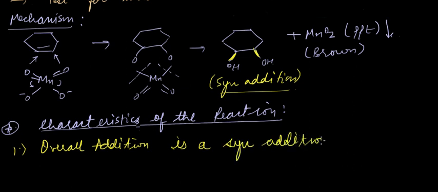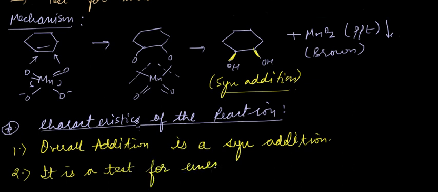And the second characteristic is that it is a test for unsaturation, as alkene and alkyne are unsaturated compounds. They will have a brown precipitate of MnO2 settling in the beaker after we react them with cold alkaline KMnO4. So second, it is a test for unsaturation.